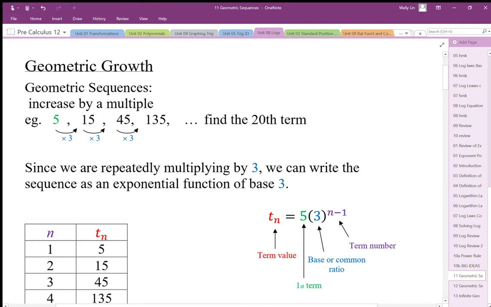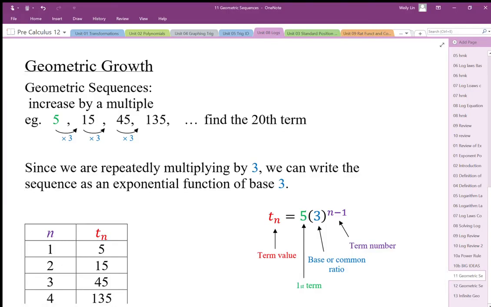So if I were to find the 20th term, I'd start at 5, and I need to times by 3, 19 times, okay, because there's 19 steps between 1 and 20. And that's going to give us a super big number. Okay, so we're going to end up with quite a large number here.